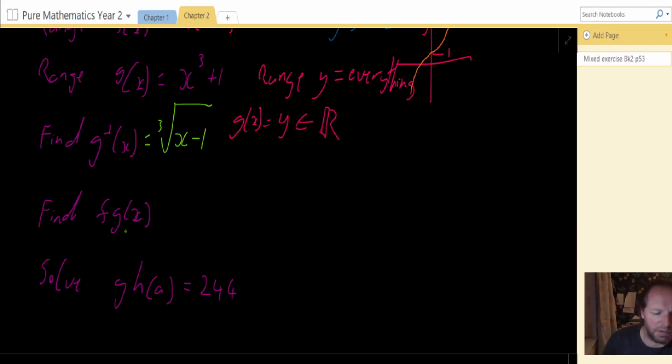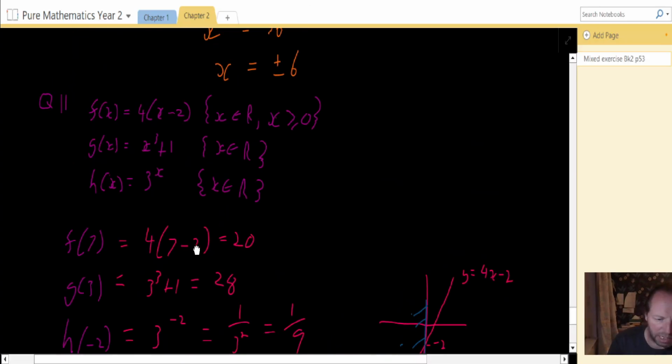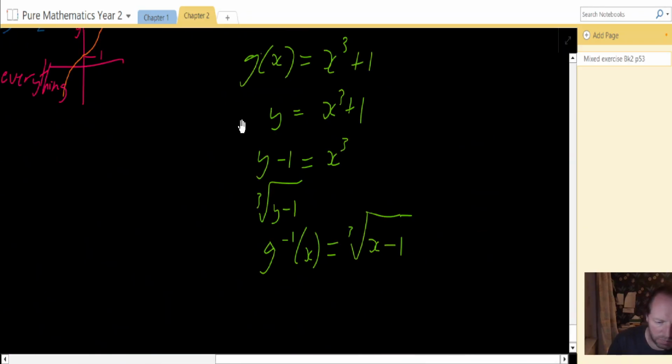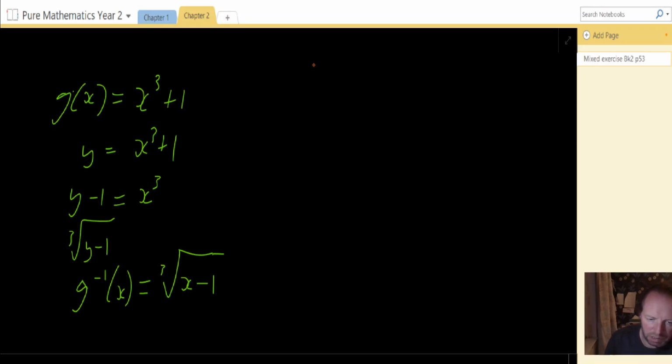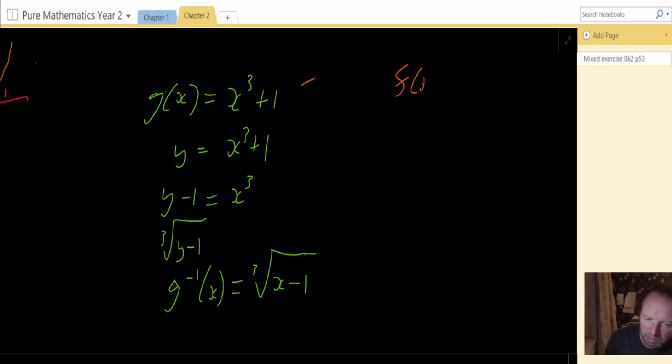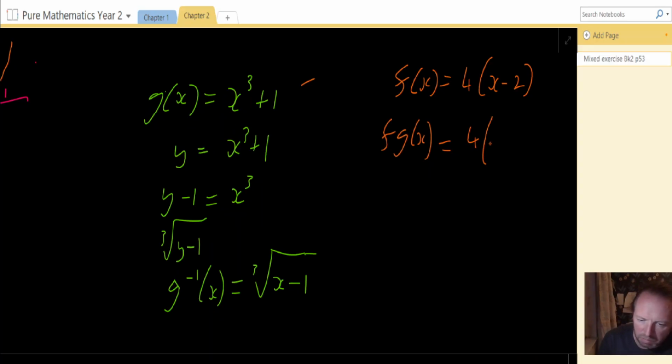Find the function f of g of x. So if we start with g of x, which is x cubed plus 1, and f of x, which is 4x minus 2, then f of g of x means I take 4 times x cubed plus 1, and now put the minus 2 in, close it up.